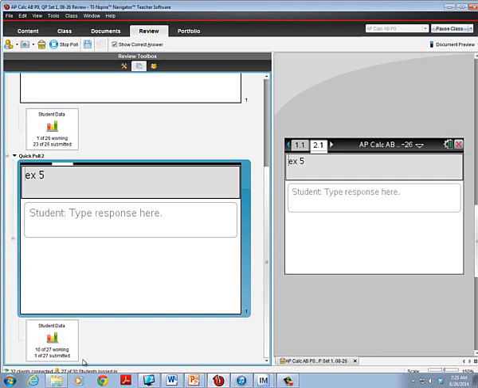Once you've got it typed in, see if you can get it in fraction form even. If you lose the poll, if you go back to your home screen, it should say quick poll. Once you've submitted, you're done. Sorry, you get one shot at these.